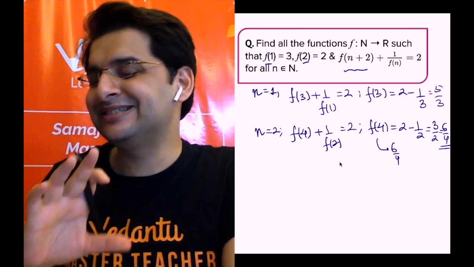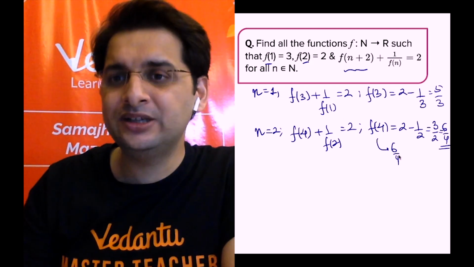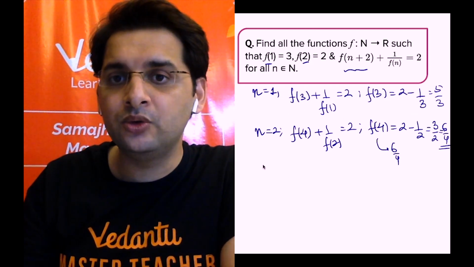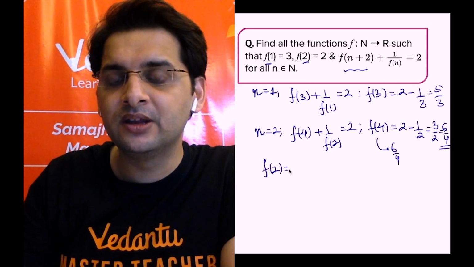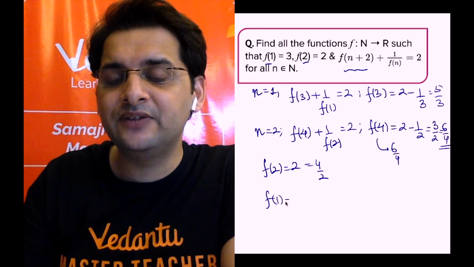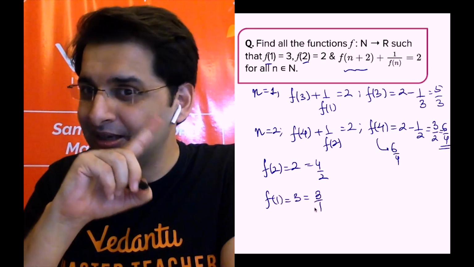Can we see a pattern here? f(4) is 6/4. f(3) is 5/3. f(2) is given to be 2, which I can write as 4/2. f(1) is given as 3, which can be written as 3/1.